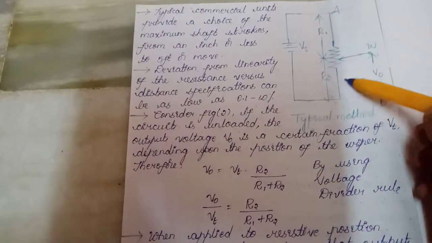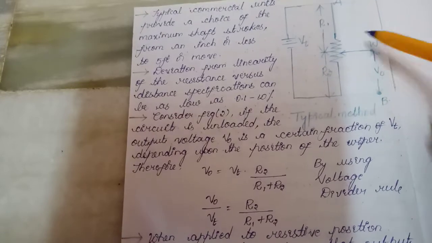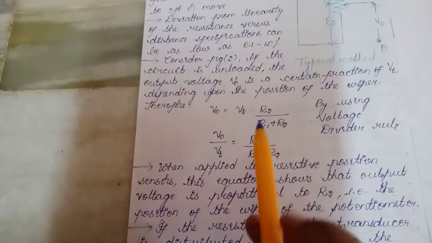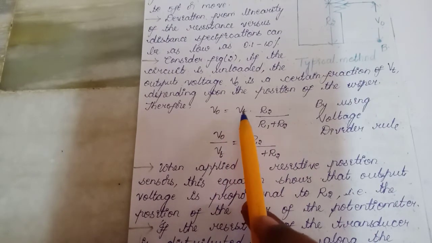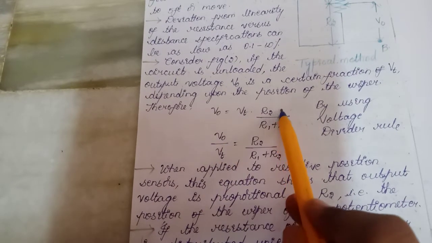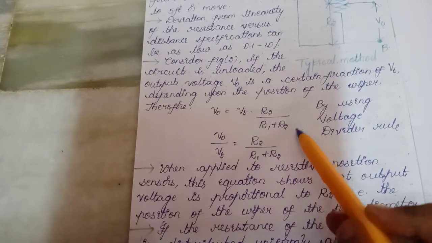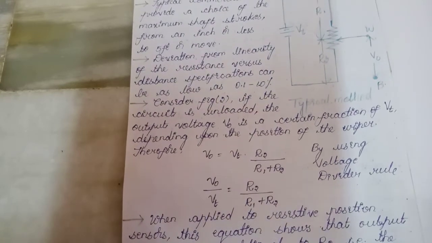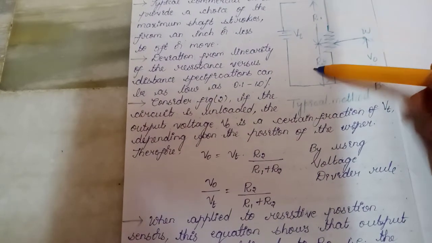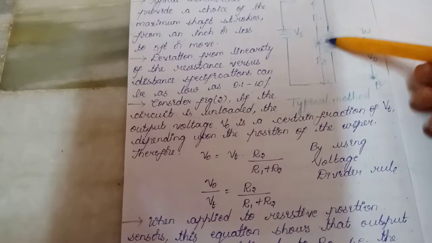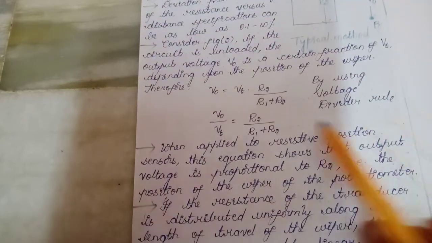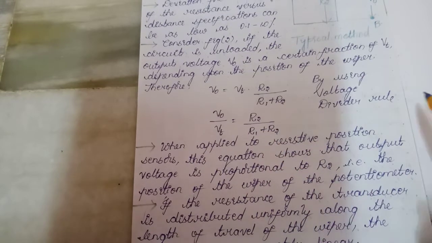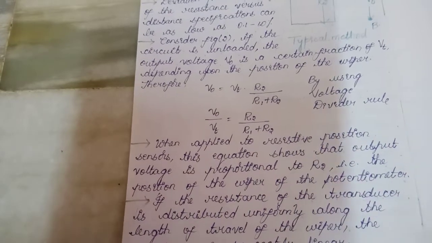R2 is the opposite resistance for this output voltage and the total resistance is R1 plus R2. So V0 by VT is equal to R2 by R1 plus R2. It is a certain fraction of VT.